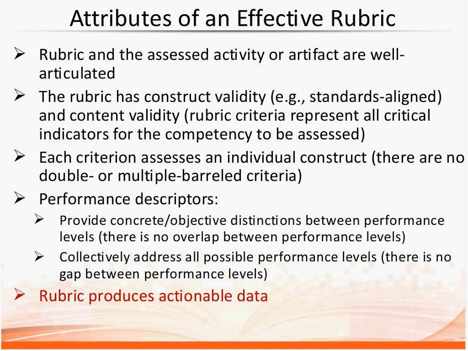What are some of the things that you should look for in an effective rubric? Again, the first item is to ensure that the rubric and the assessed activity or artifact are well articulated. Construct and content validity are also important. Essentially, this means that you're assessing the right outcome or outcomes, and you're assessing all of the important elements of that outcome or those outcomes.